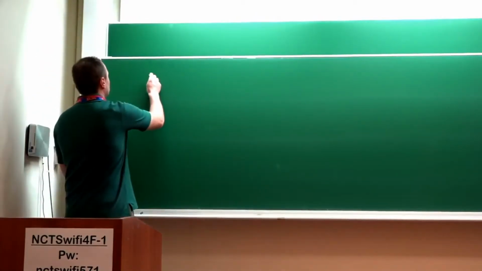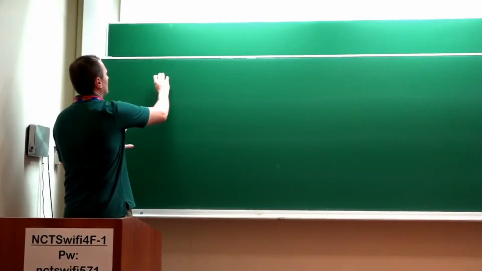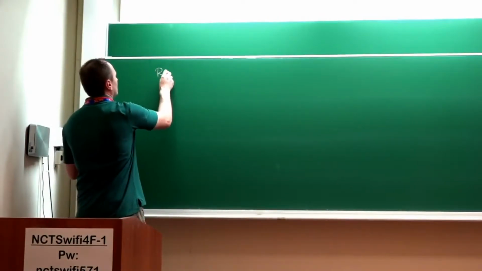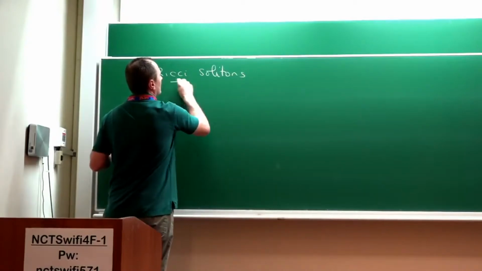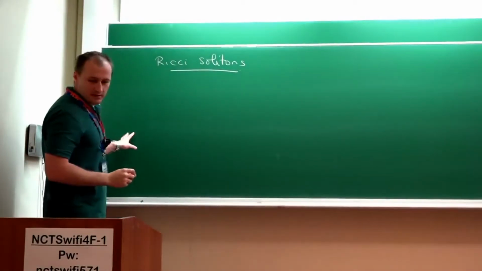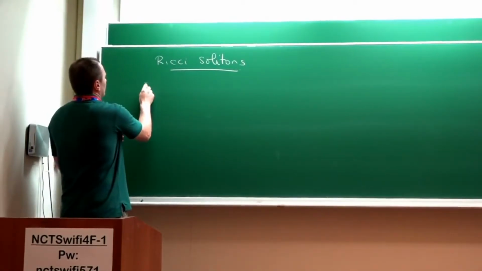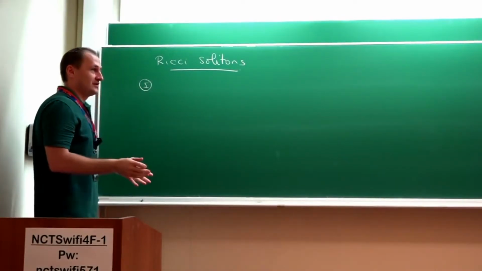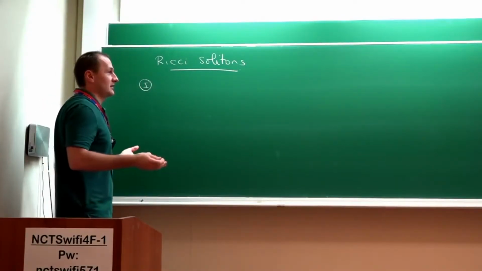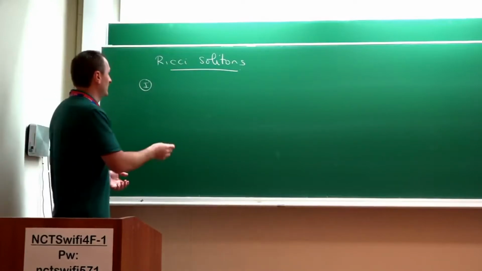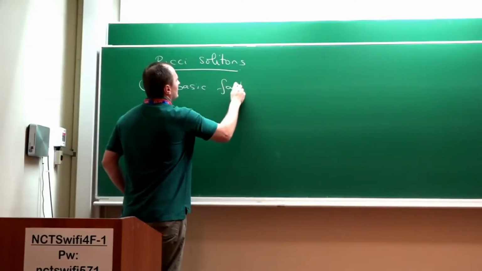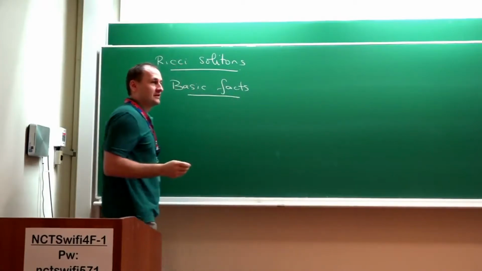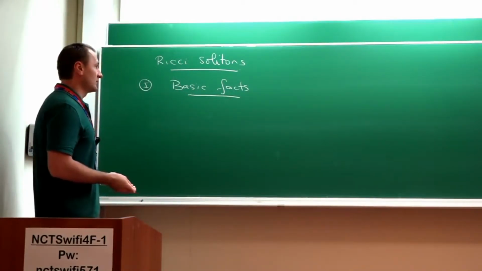So let me just outline. This is an outline for all 4 lectures. There are 4 lectures, but I have 3 sections, so somewhere I'll have to split. One is just basic facts. This will be very short because it's my understanding that you've seen this already last week.